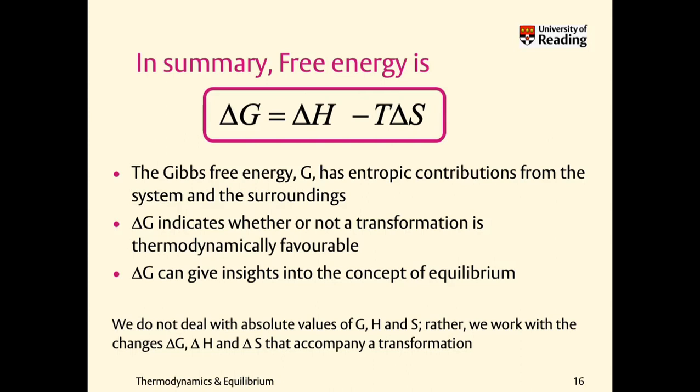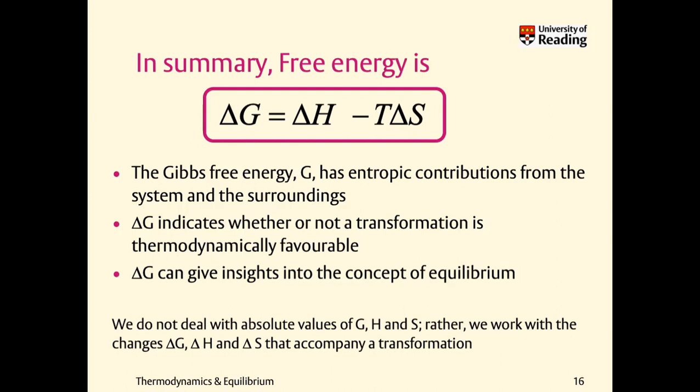And at this point, delta G will become more negative and the process will become spontaneous. For an exothermic process, of course, you could get a situation where the two components both lead to a reaction being spontaneous, or the two components both lead to a reaction not occurring at all.